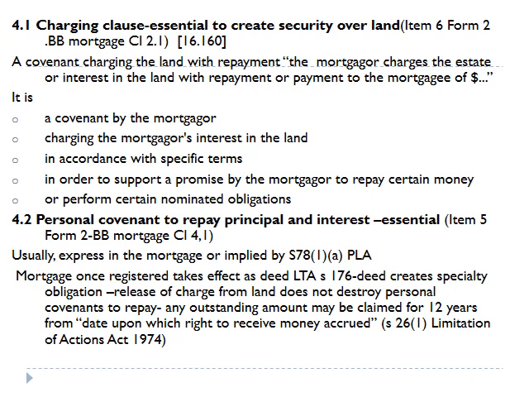Just note that the mortgage instrument, once registered, takes effect as a deed, creating a specialty obligation, and that simply means that you have 12 years from the date of the debt or acknowledgement of the debt to repay it, instead of 6 years for an ordinary loan under the statute of limitations.